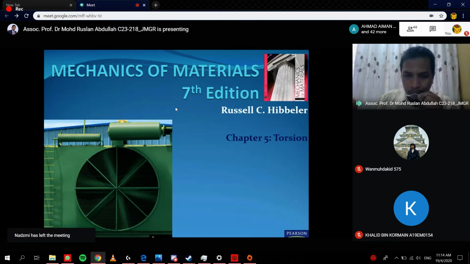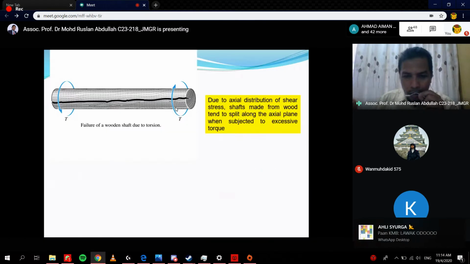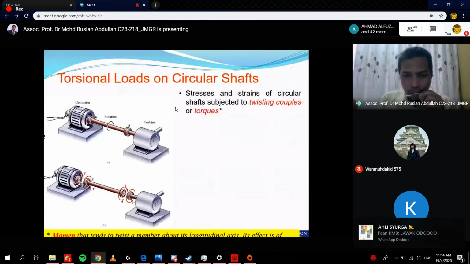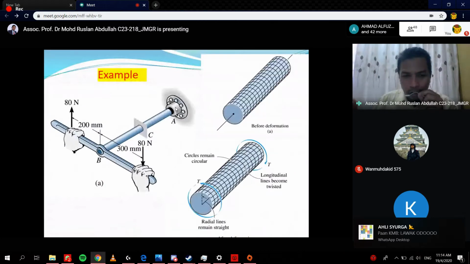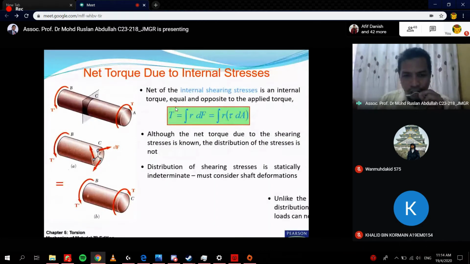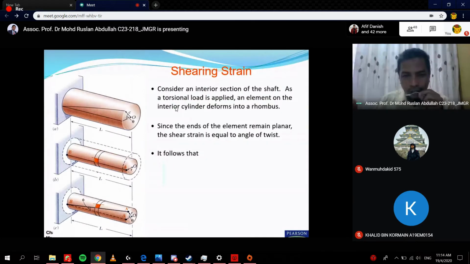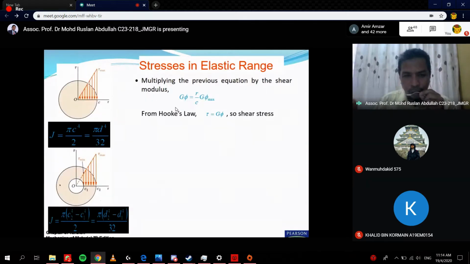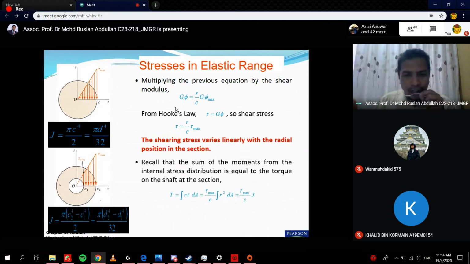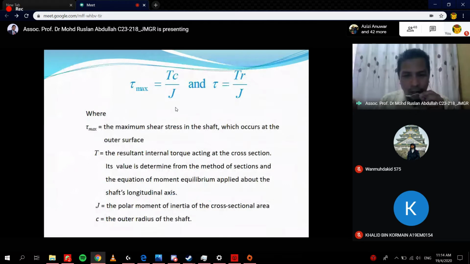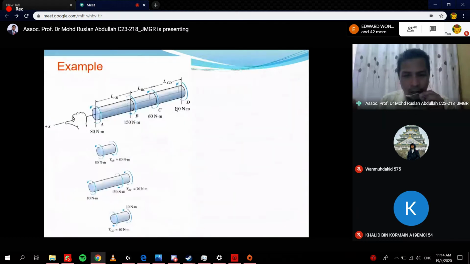We also discussed the sign convention, positive and negative torque, because this is very important. If the torques are not in the same direction, where direction refers to clockwise or anti-clockwise, how do we determine positive and negative?